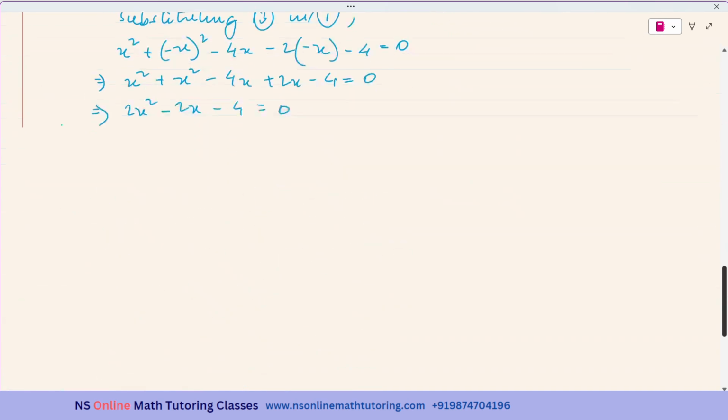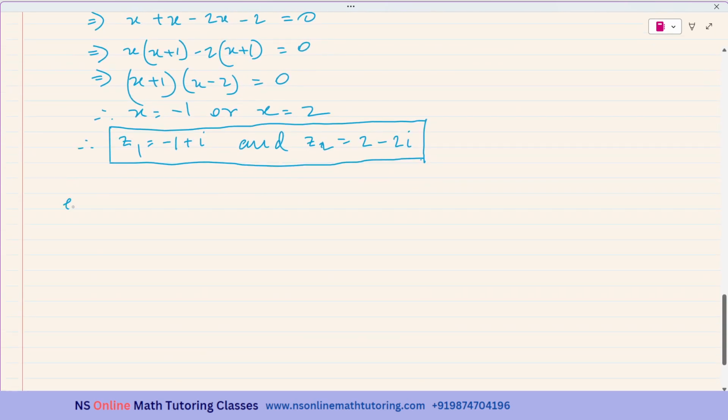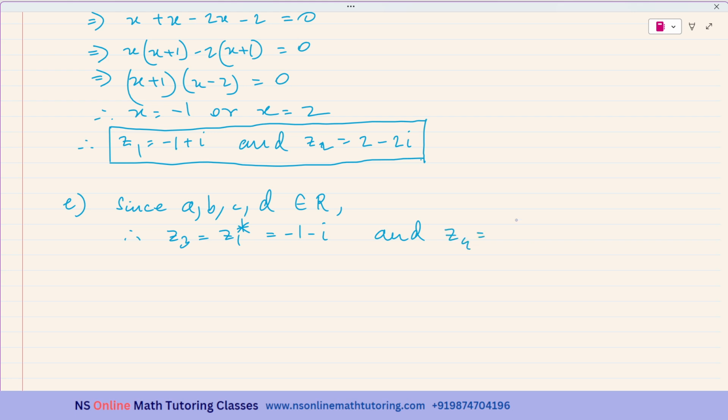So, subpart E, since A, B, C, D are all real numbers, therefore, z3 will be equal to z1 star, that is the complex conjugate, which is equal to -1 minus i, and z4 will be the complex conjugate of z2, which is equal to 2 plus 2i.